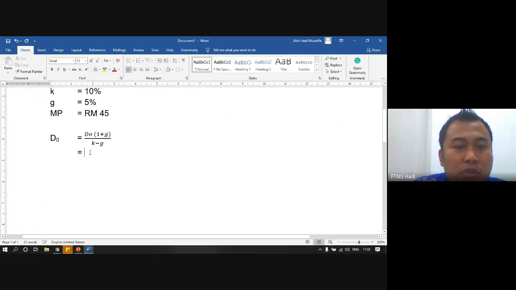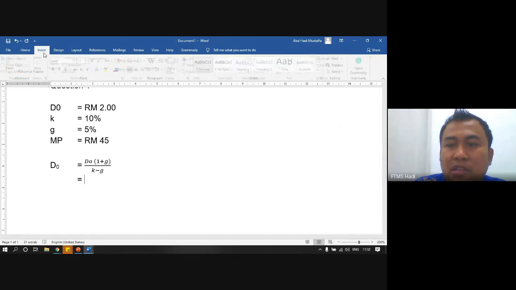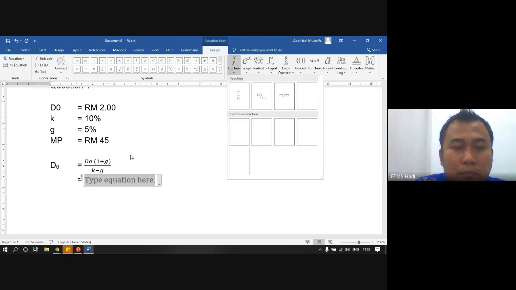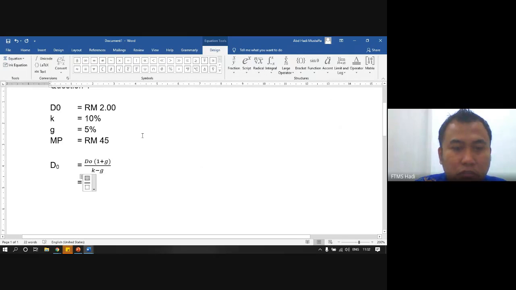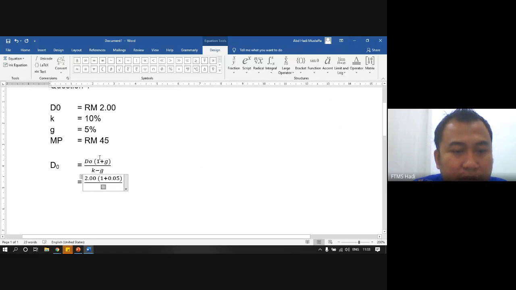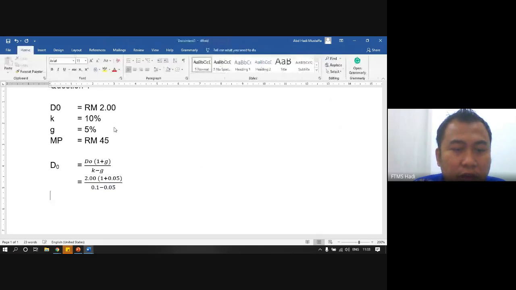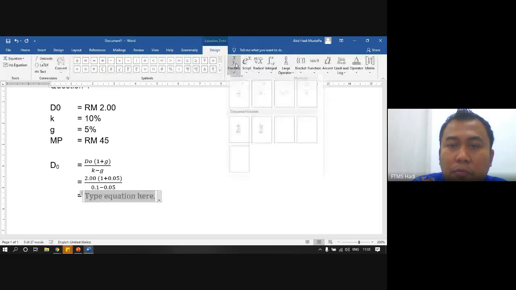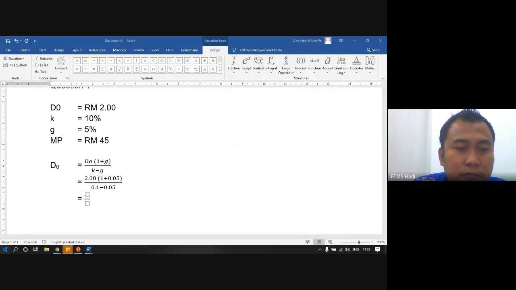Alright, so once you are done, you can put the figures there, which is 2 ringgit times (1 plus G). G here is 5%, therefore 5 divided by 100, which is 0.05. You should know this one. And then K minus G: K is 10% divided by 100, which is 0.1, and then G is 0.05. I am making it not more complex, more detailed, so you can understand.